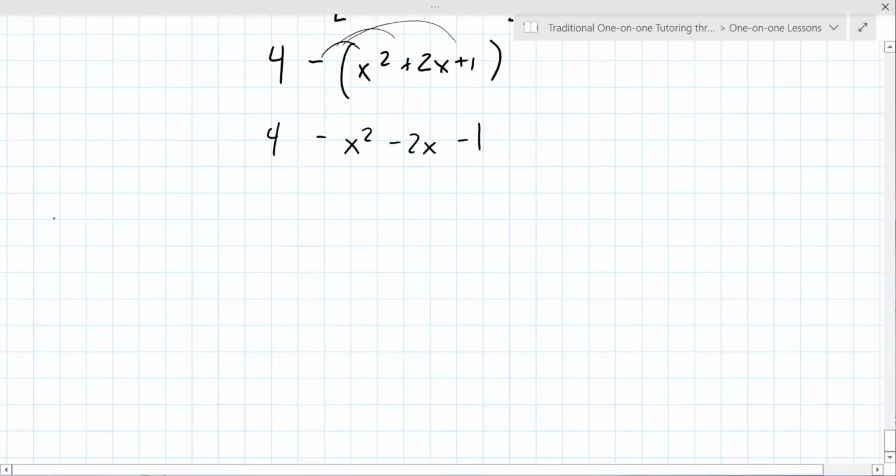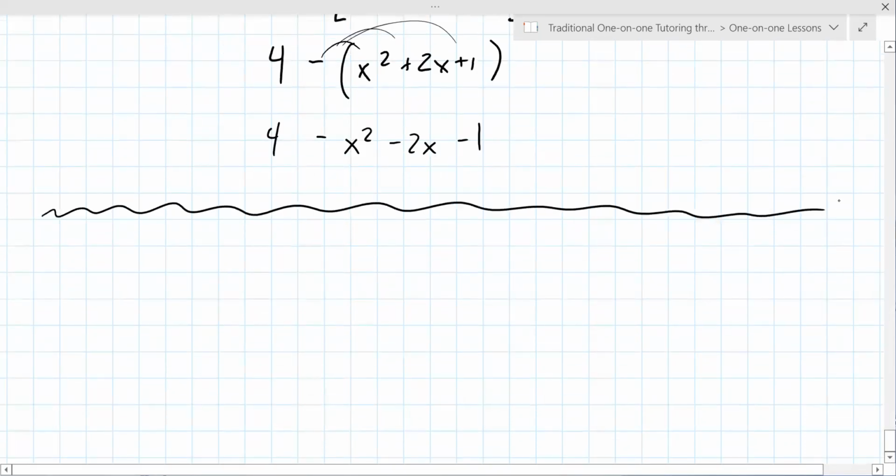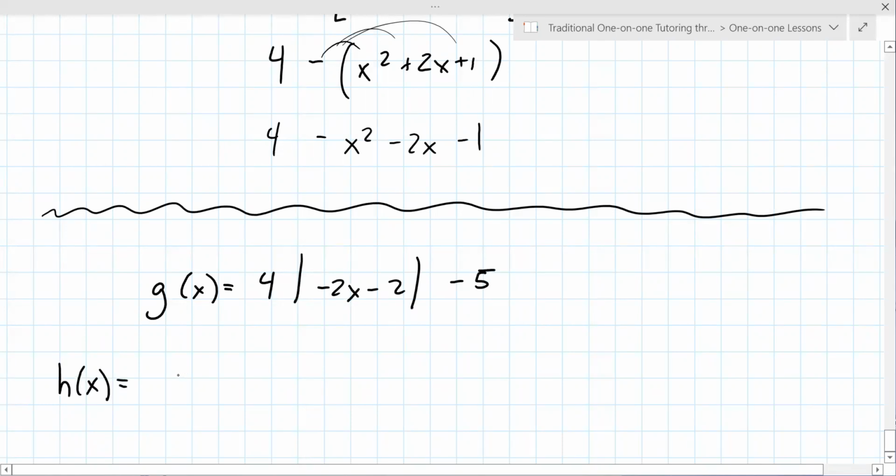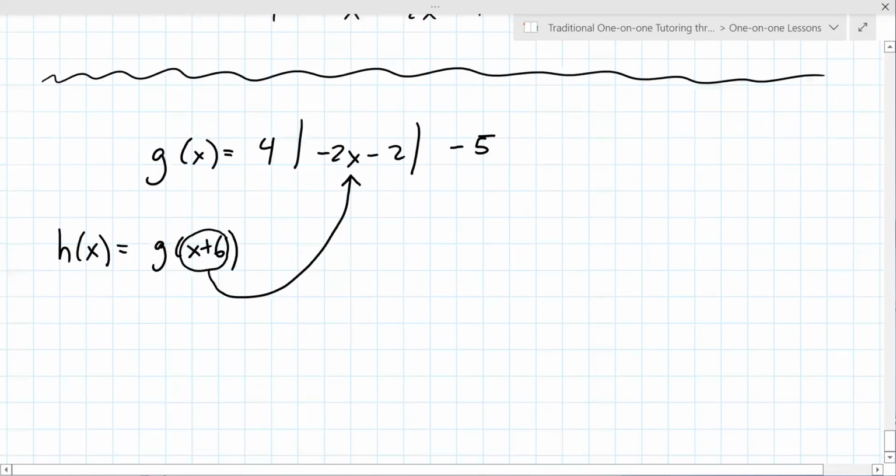Okay. So why are we doing all this? Because of the next type of transformation that you might see. Let's say I give you an absolute value function. I say g of x equals 4 absolute value negative 2x minus 2 minus 5. But I tell you that h of x equals g of x plus 6. So what that means is you have to take this x plus 6 and substitute it in for x.